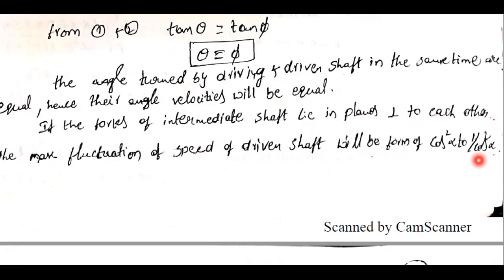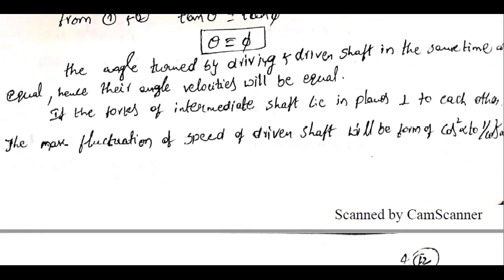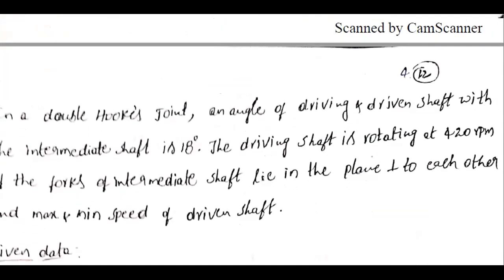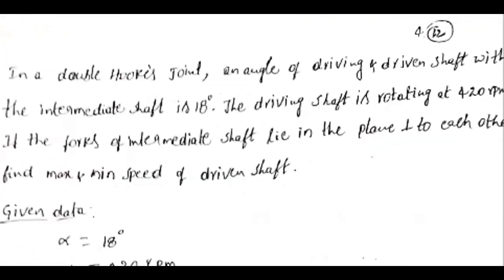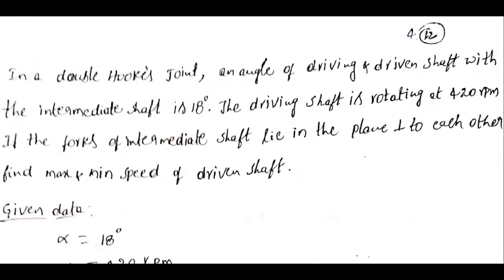They simply give the relation between one angle and another angle. So that is enough. Now let us see the problem regarding the double hook joint.